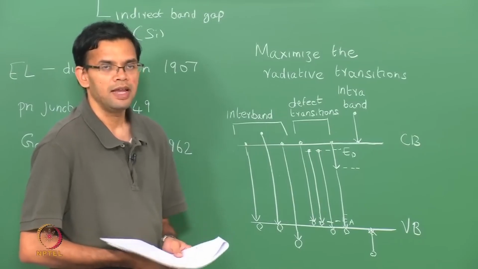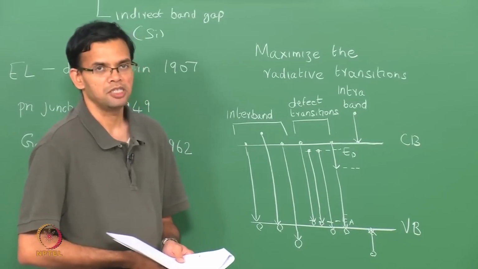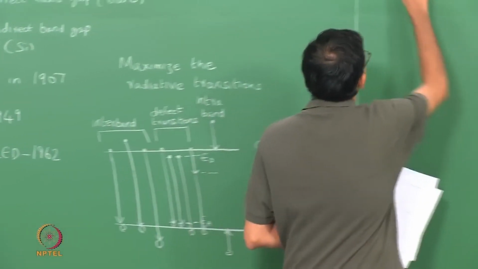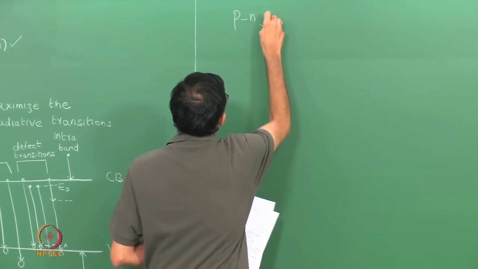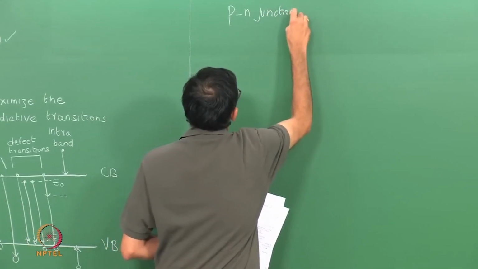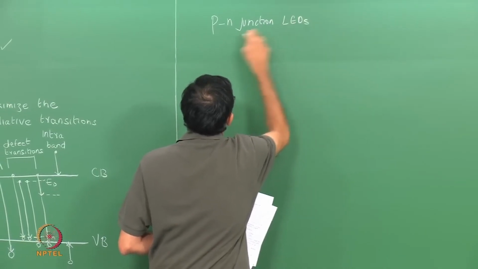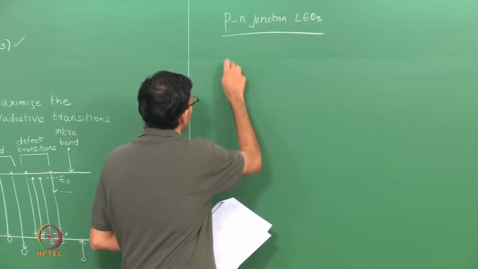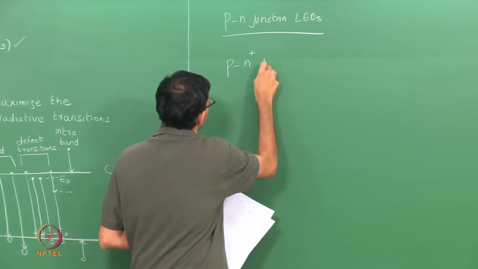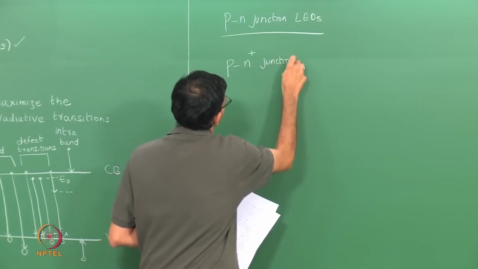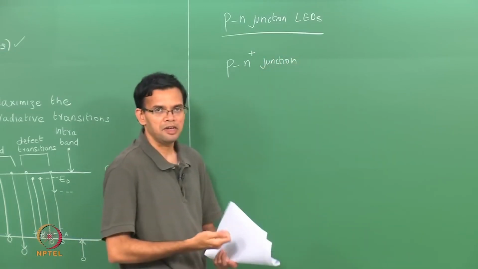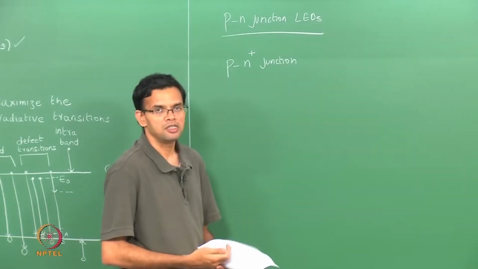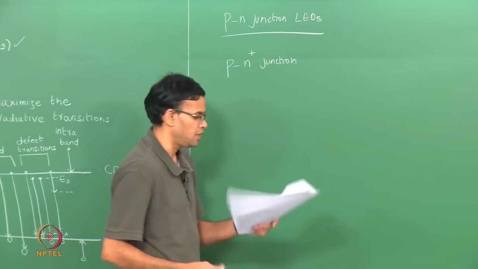So, the simplest kind of LED is essentially a PN junction based LED. Let me start with that first. So, consider a simple P N plus junction. The N plus means that the N region is heavily doped. So, when we form a junction, the depletion region is mostly within the P side.